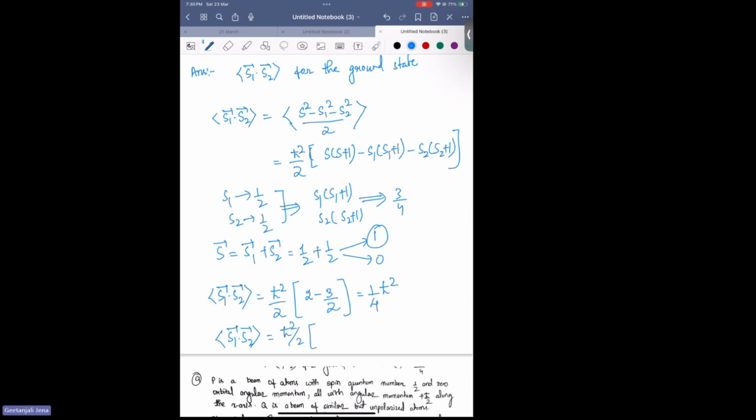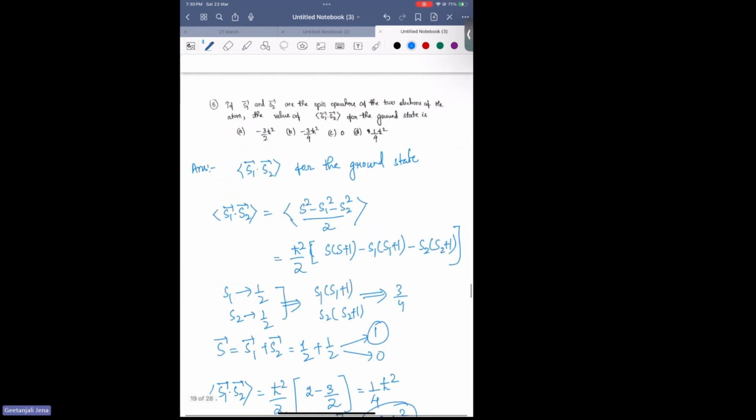Then h cut square by 2 times 0 minus 3 by 2 gives minus 3 by 4 h cut square. So the lowest expectation you will get is this one. For the ground state, it is minus 3 by 4 h cut square. This will be the answer.